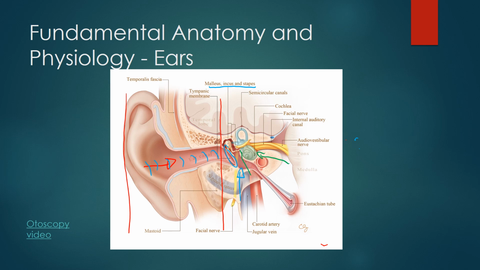And it's the cochlea that's responsible for transforming this vibrational sound wave into a neurological signal that travels down the 8th cranial nerve, our vestibulocochlear nerve. It says audiovestibular here on this diagram. It's actually incorrect; we refer to it as the vestibulocochlear nerve.